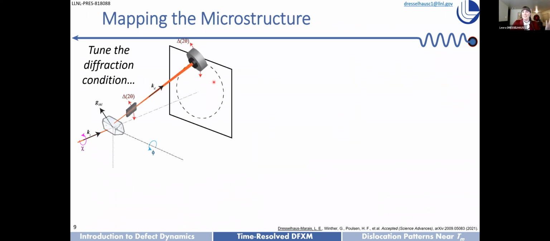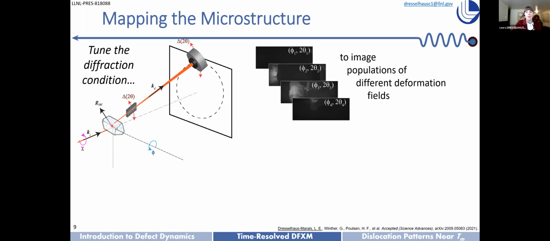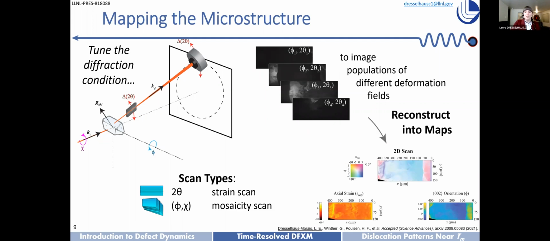So in classical DFXM, as other people have discussed before me, we tune the diffraction condition, either moving the detector up and down through 2 theta or rotating through the rocking curve of the crystal. And we, at each point along those scans, collect an image showing the spatial extent of that specific deformation field. And then we reconstruct those hundreds or thousands of images into these higher dimensional maps that show us the axial strain, orientation, and other types of parameters about that specific lattice plane.